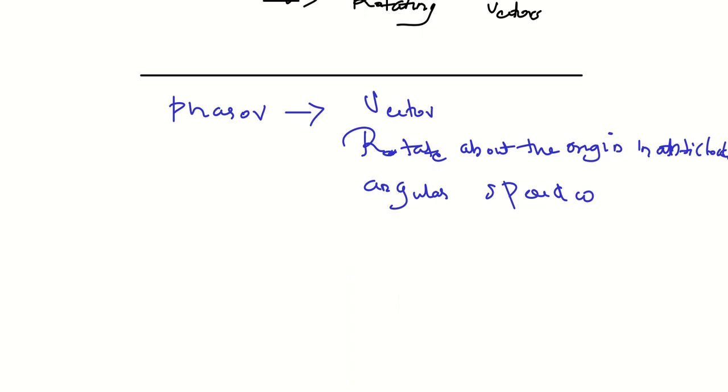It rotates about the origin in anti-clockwise direction with an angular speed omega. So how can we represent this?